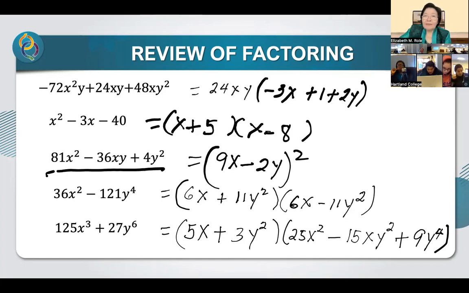I think that was discussed in the lesson we had last time. Okay, so we're just reviewing. We need to remember all this. These are special factoring, especially your perfect square trinomial, your difference of squares, and difference or sum of cubes.